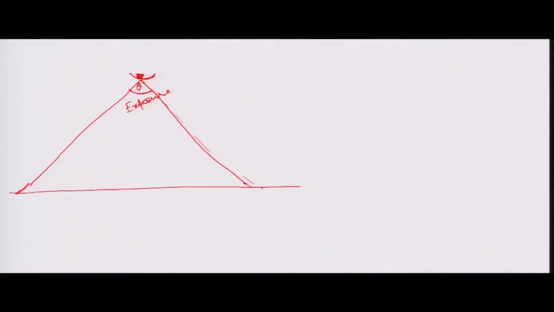Okay. So as we talk about that, the midpoint of your aerial photograph is your principal point. In a true vertical aerial photograph, the principal point and the nadir point coincide.